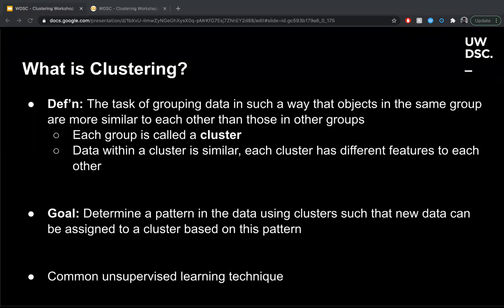I'll quickly bring it back to the dog and cat example. One cluster could be dogs, and one cluster could be cats. So you can achieve the same purpose of predicting on images, whether it's a dog or cat, using unsupervised learning. However, sometimes there are features within your data that you might not expect. Let's say you had a data set of cartoon dogs and cats and real photos of dogs and cats.